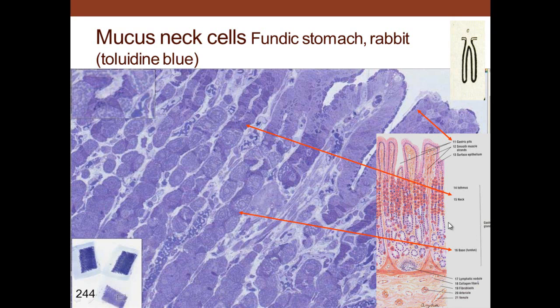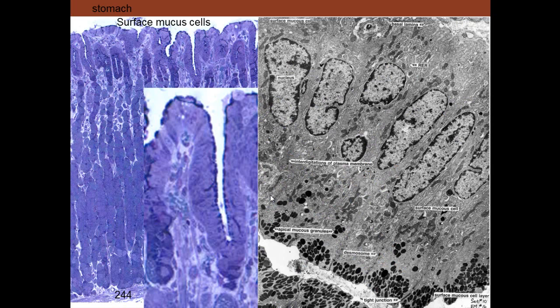So the mucous neck cells would be right in through here. And then down here we have the fundus region, where you have the parietal cells, as you see there, and there will be chief cells. If we start at the top, we have surface mucus cells in the stomach, and we can see the mucigen. This is the luminal surface here. You can see the droplets either here with toluidine blue at the light microscopic level, or at the EM level.